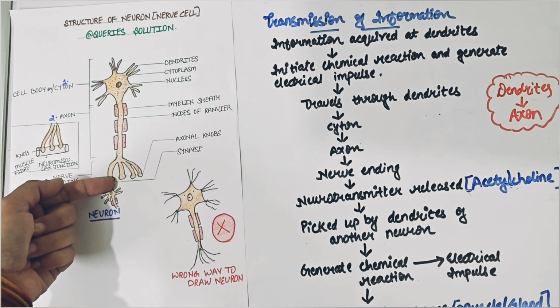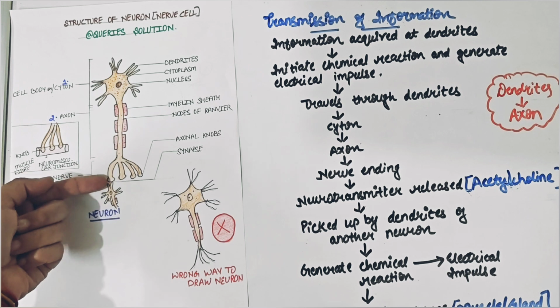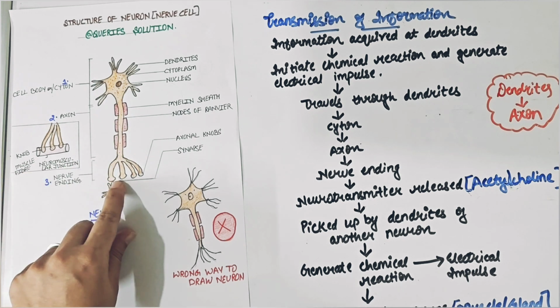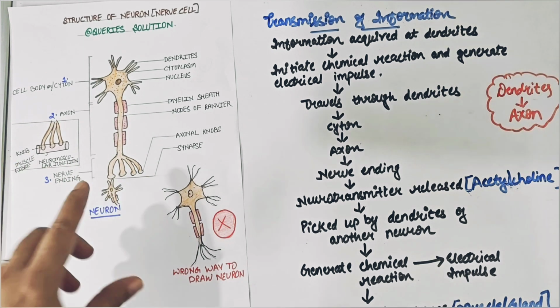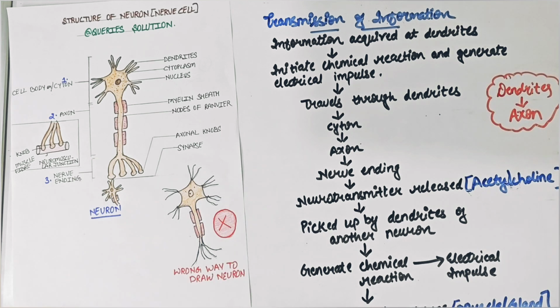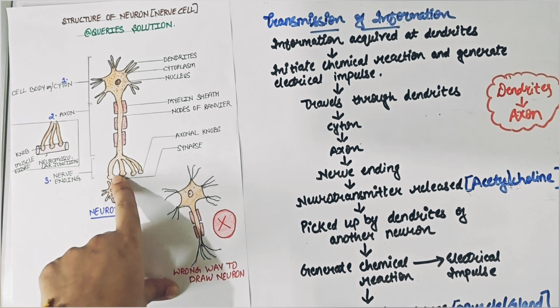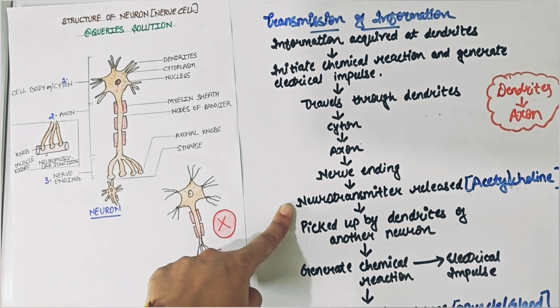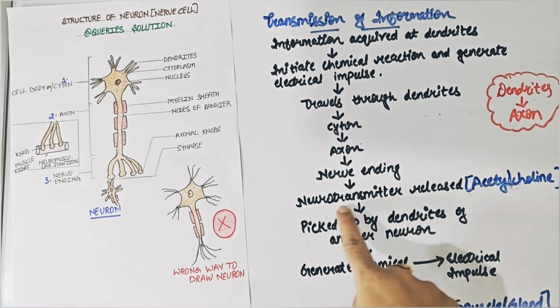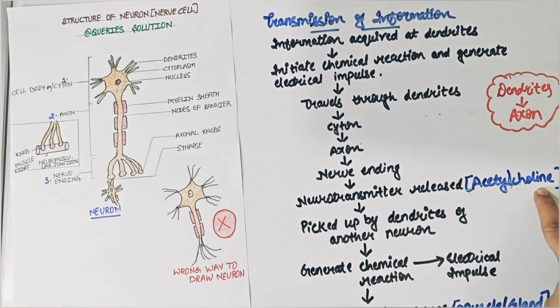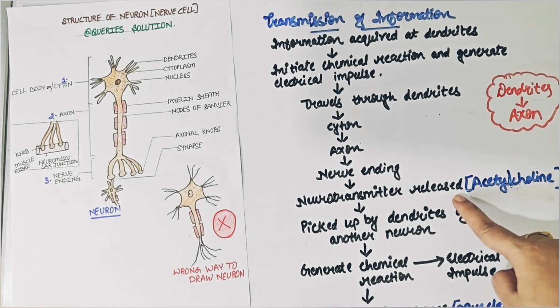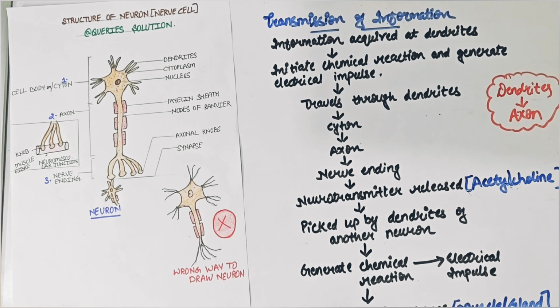This neuron number 1, which has transferred the electrical impulse, releases a chemical at the ending areas. And what is the name of the chemical? This chemical is the neurotransmitter, which is acetylcholine. A very important question, possibly a 1 mark question also. So please make a note of it. What is the name of the chemical released, or the neurotransmitter? You should know this important keyword.